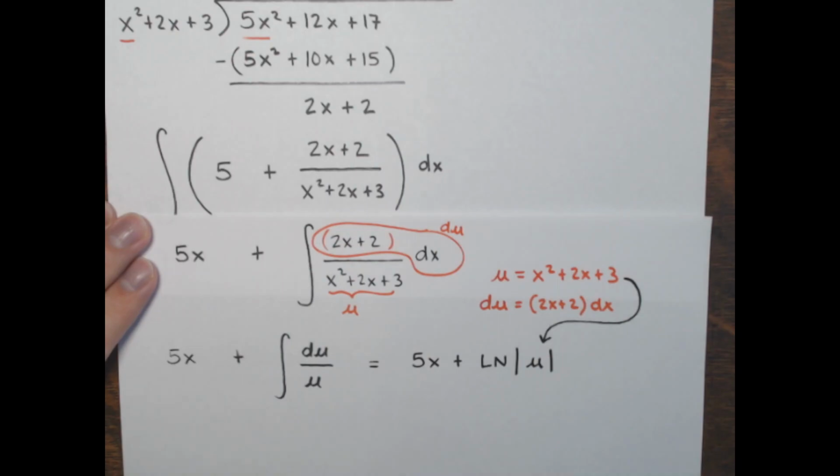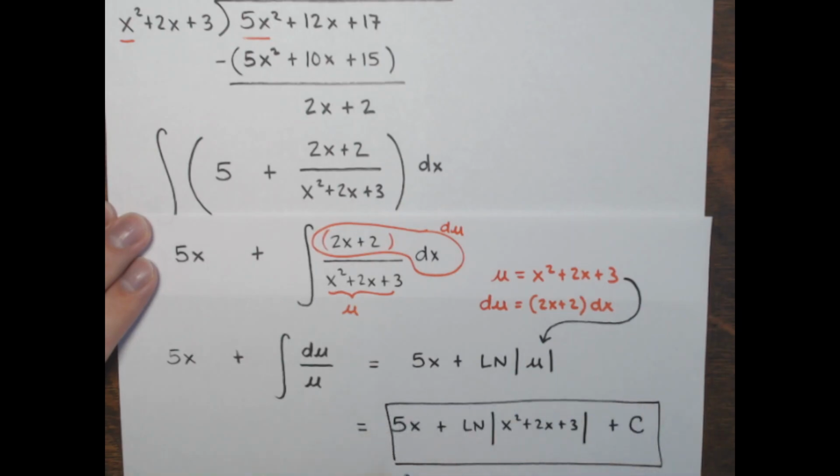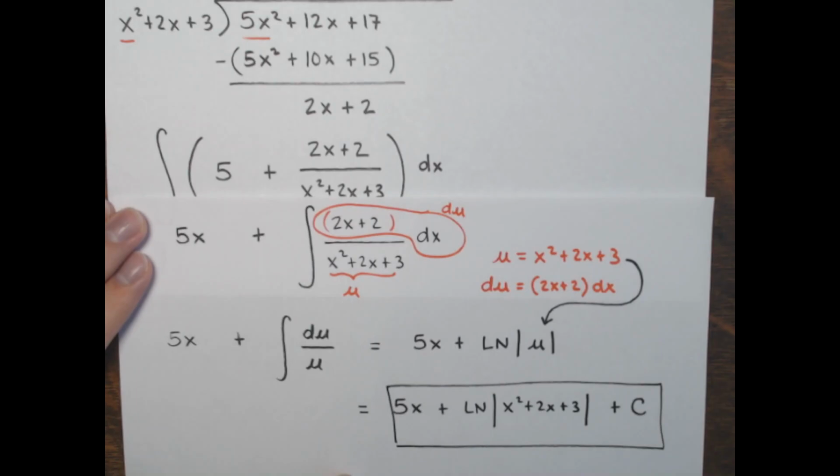The original integral was in terms of x, and I would like my answer to also be in terms of x. So my final result is 5x plus the natural log of the absolute value of x squared plus 2x plus 3, and then, of course, for all indefinite integrals, plus any constant.